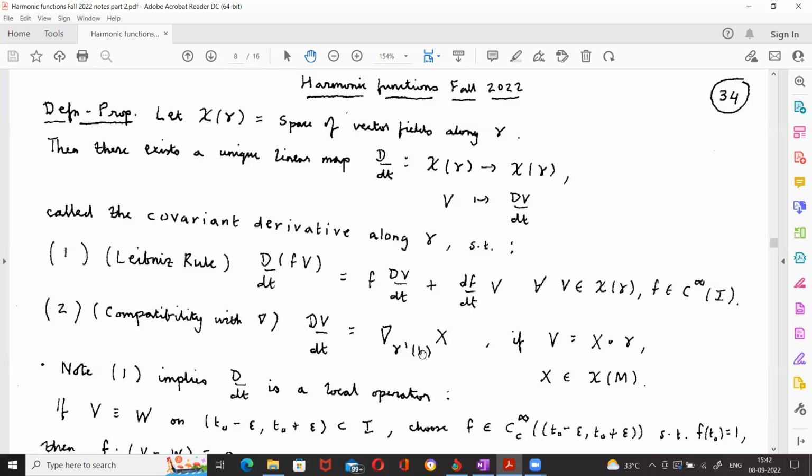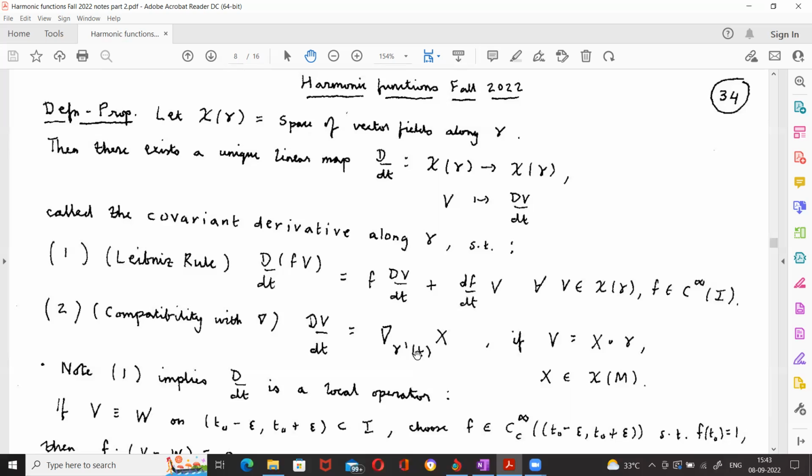This is the relation between the covariant derivative along the curve and the covariant derivative nabla of vector fields. Whenever I restrict a vector field to the curve, the covariant derivative along the curve should be equal to just the connection applied to the vector field in the direction of gamma prime. Is this clear? Yes, sir.